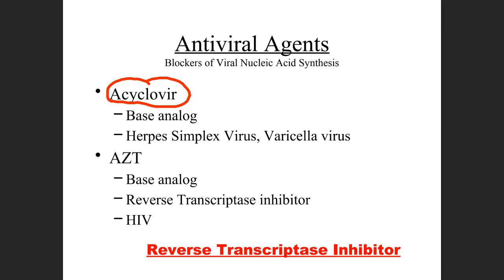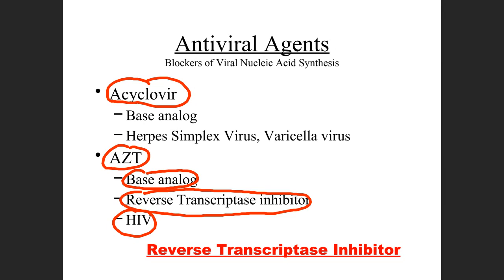Another antiviral agent that's also classified as a base analog is AZT. AZT is a very common drug given to people that have HIV. It's a base analog, but it's also classified as a reverse transcriptase inhibitor. Remember that HIV is a retrovirus.